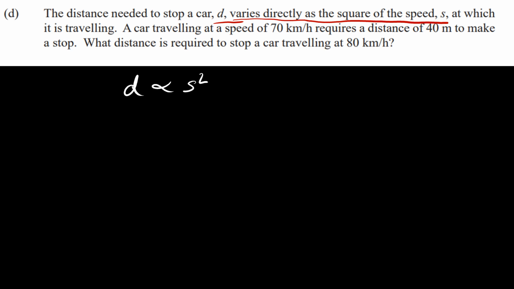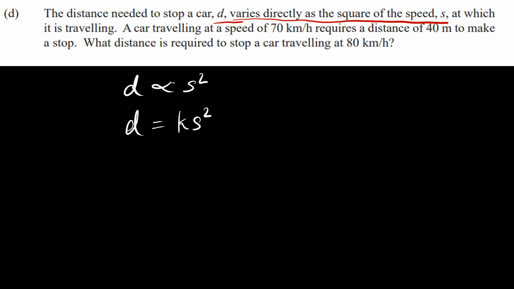The square of s is s squared. I can translate that into an equation where I have k s squared. Because it's direct variation, the equal sign and k come in to replace the alpha symbol here.